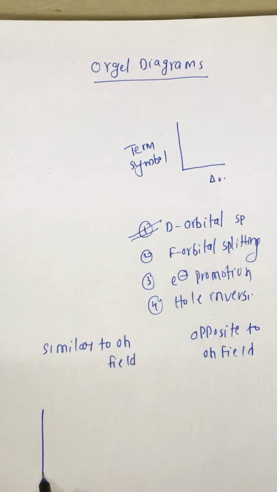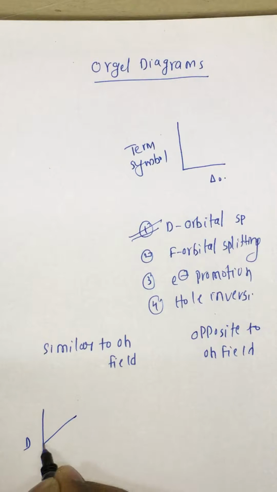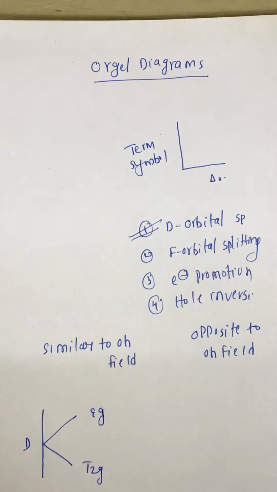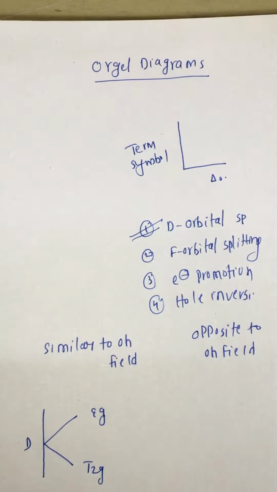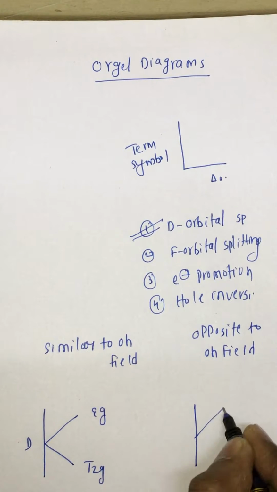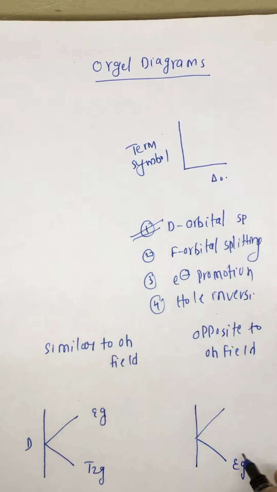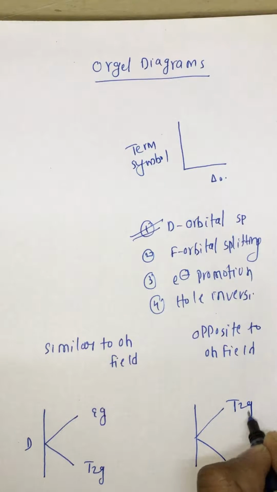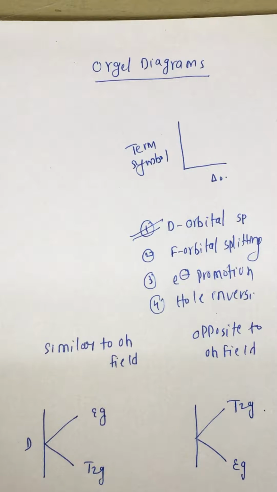Similar to octahedral field means d splits into T2g, which will be the ground state term, and Eg will be the higher energy state. Opposite to octahedral field means it's just opposite: Eg comes down and T2g comes up. This is the way d orbital will split.